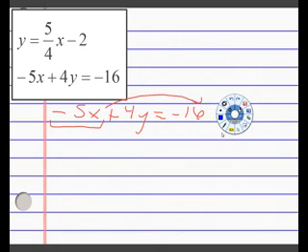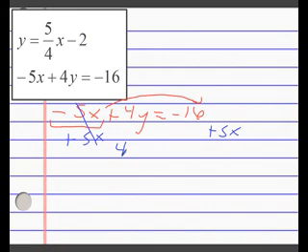So instead of subtracting 5x, I'm going to add 5x to both sides. So -5x and plus 5x is 0. That's gone. I bring down my 4y equals, and I'm going to write in 5x and keep my negative sign on the 16, -16.